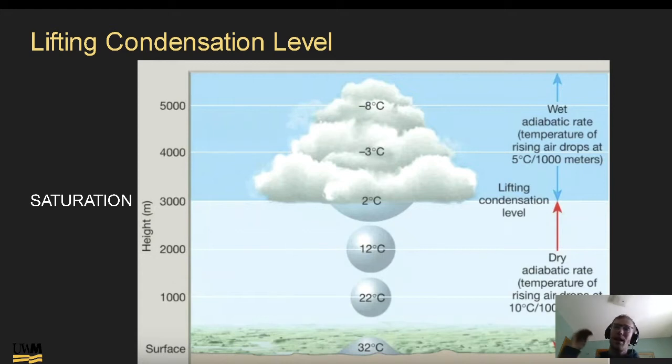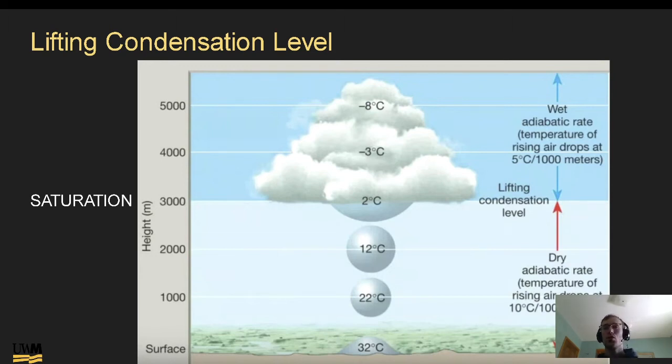You can see that clouds may start to form at a particular, set height, the lifting condensation level. And if air is still forced to rise above that level, clouds continue to form because the water is still getting pushed out. And when it gets pushed out, it condenses and forms clouds. If it is pushed out very quickly, you have precipitation.